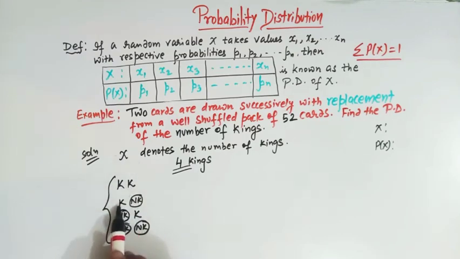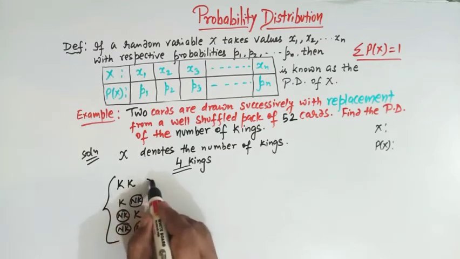In this case the first draw results in a king, and the second draw results in a non-king card. In this case the first draw results in a non-king card, and the second draw results in a king. And in this case we do not have a king in both the draws, so it means we have a non-king card in both the draws.